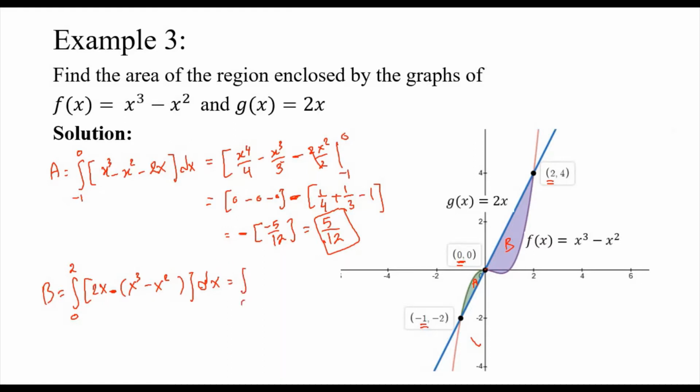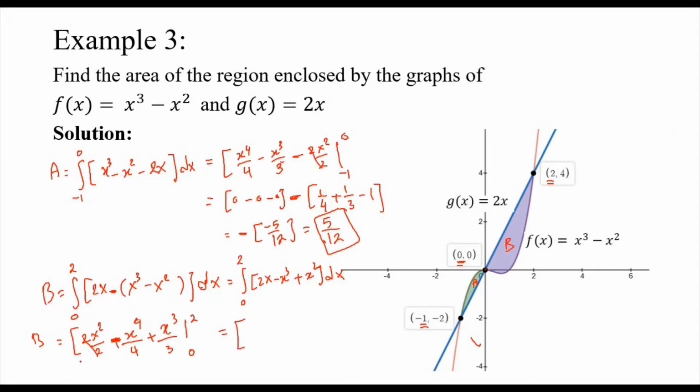So this is the integral from 0 to 2 of 2x minus x cubed plus x squared dx, which is going to be, b is equal to 2x squared over 2. These will cancel. Minus x to the fourth divided by 4 plus x to the third divided by 3 from 0 to 2.